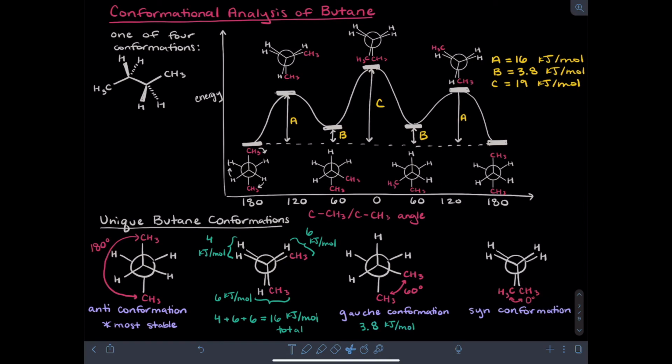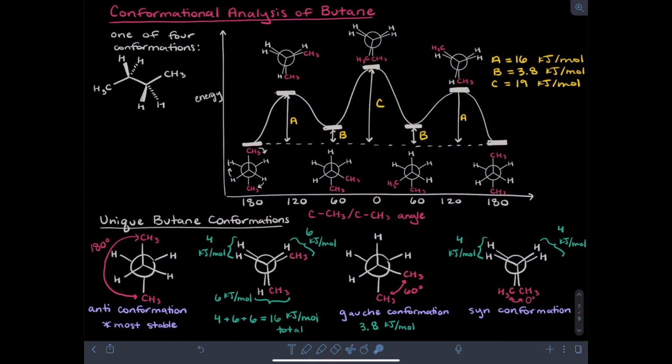The fourth and final conformation of butane has one methyl group eclipsing another methyl group. This is known as the syn conformation. And this is the least stable conformation. We know the energy cost of each hydrogen eclipsing another hydrogen is 4 kilojoules per mole for each instance.